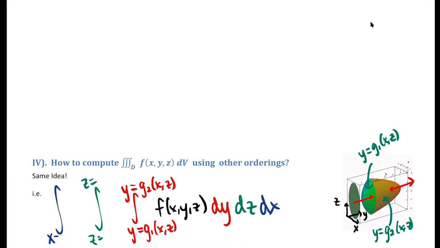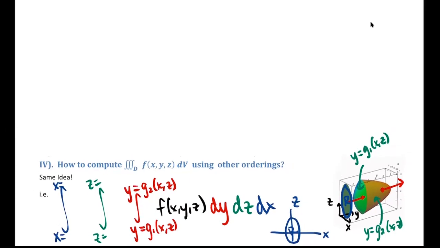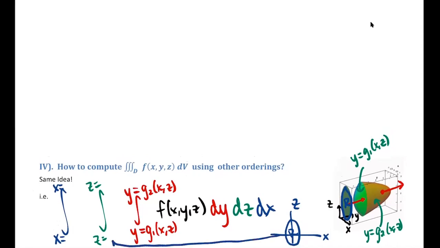I'm going to leave these blank because we're going to do a specific example, but really what I would be doing is figuring out that region in the zx plane. So if this is x, this is z, and this is my region R, I would use these bounds to set up these outside two integrals as if it was just a double integral over that region. So let's do a full example on this.